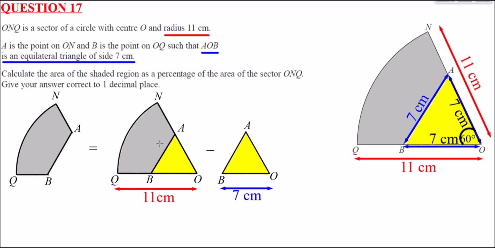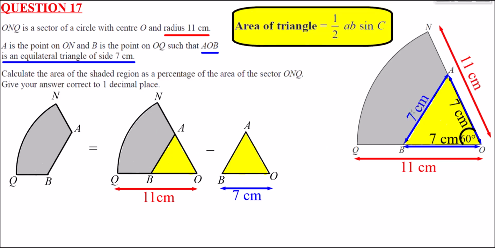So it's the area of the sector minus the area of this triangle. But how do you work out the area of a triangle if it's not right angled? Well, we can use this formula here, which again, ideally you need to know. The area of a triangle for any angle is half times one side times another, multiplied by sine of the angle in between them.